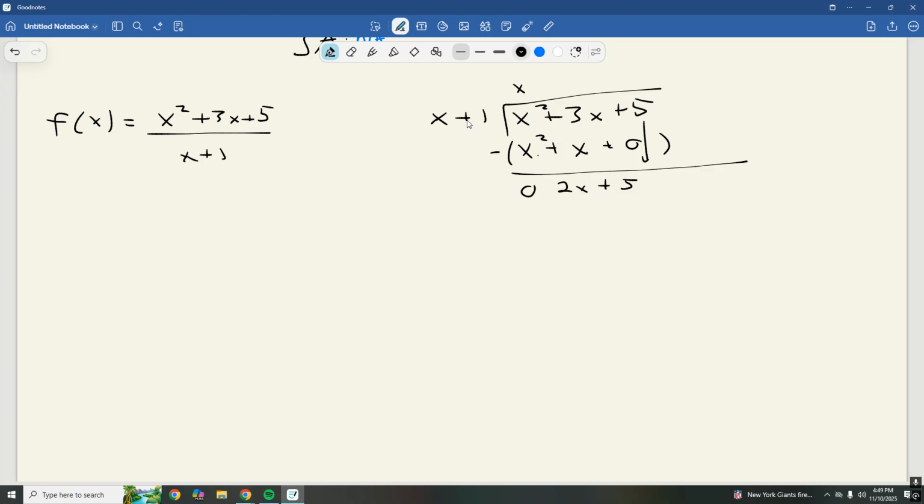x goes into 2x 2 times, so plus 2. And then 2 times x plus 1, subtracting, this is 0. And this is 3. So we have a remainder of 3.